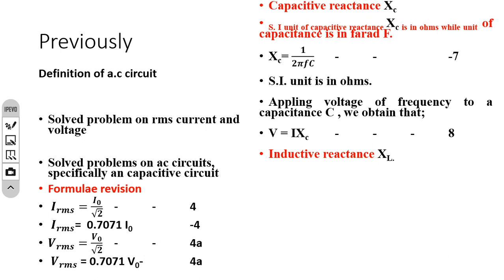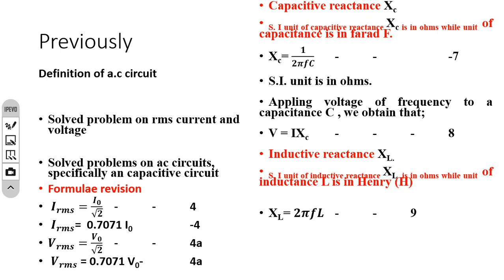Inductive reactance XL. And we made mention that inductive reactance is the opposition to the flow of alternating current as offered by an inductor. And the SI unit is in ohms, and the unit of inductance L is in Henry, which is capital H. So equation 9 gives the mathematical expression for inductive reactance XL equals 2 pi FL.